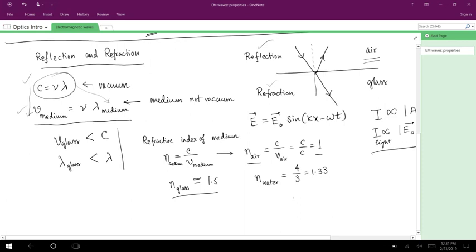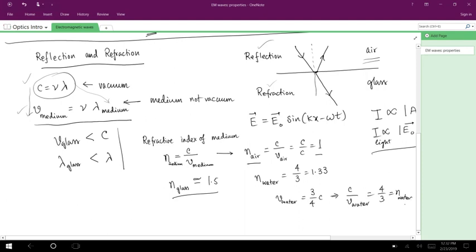Well, it tells you that the speed of light in water is about 3/4 the speed of light in air, right? Because v water is equal to 3/4 c. If we use this, then we get c over v water is equal to 4/3, which is n water. And that's the idea.